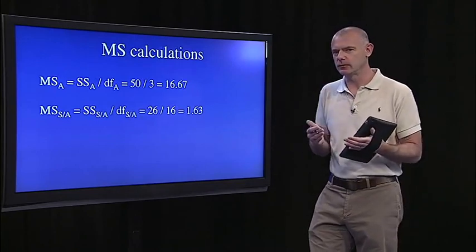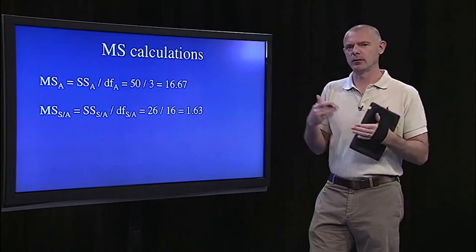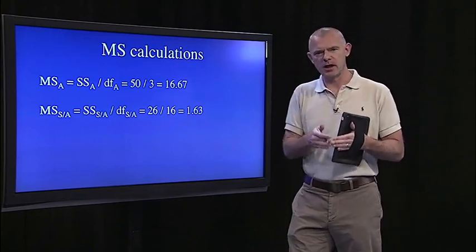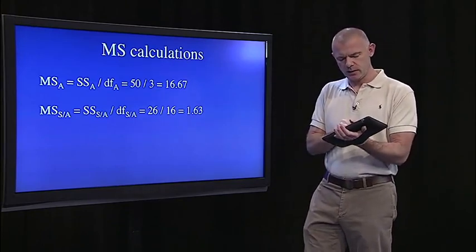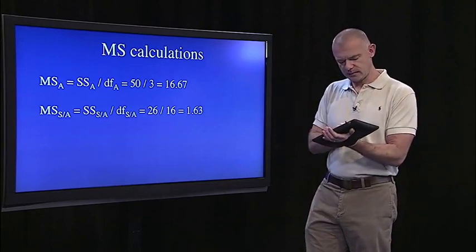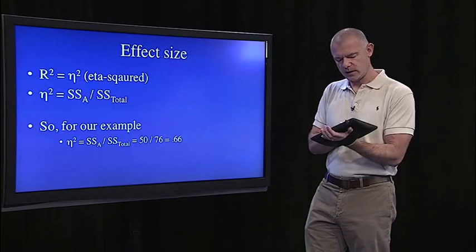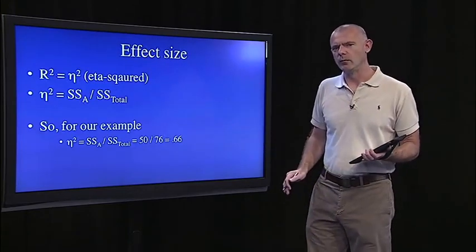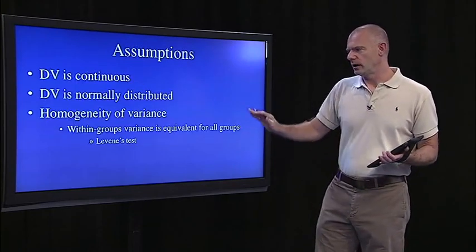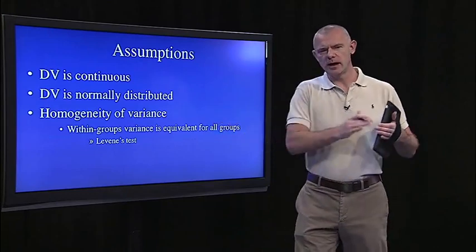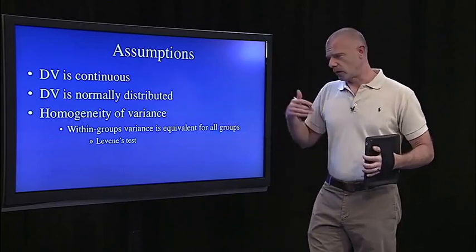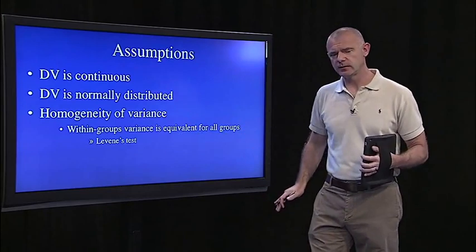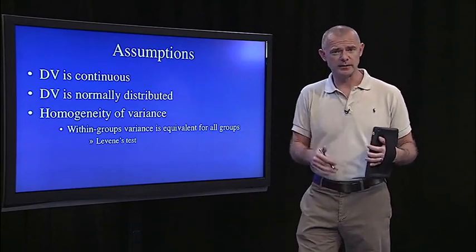Let's go back to descriptive statistics and our ideas of representative measures of central tendency. If that's not the case, then I can't assume that I have homogeneity of variance, and I shouldn't be doing a one-way ANOVA. In the lecture where we do analysis of variance in R, I'll show you how to test this assumption by doing what's called Levene's test.